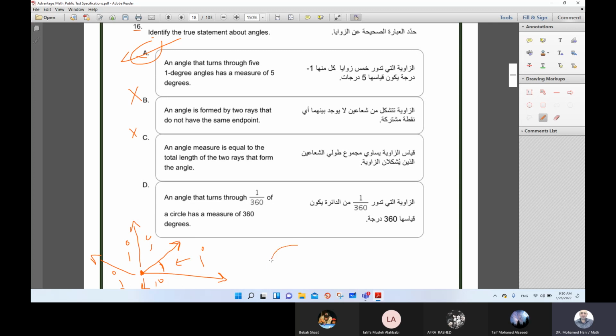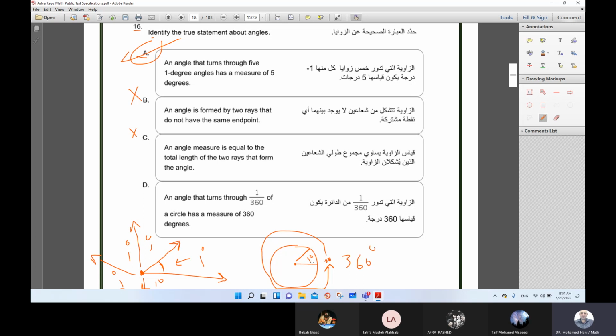So in the circle, if this angle is 1 degree, and if I start from this point and make a whole turn to reach the same point of the beginning, it means I will have 360 degrees.